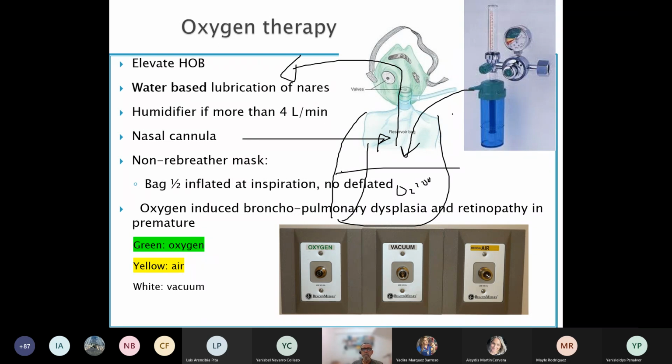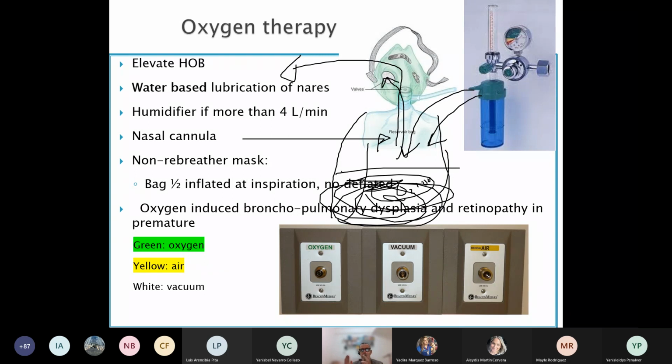But the amount of oxygen flowing into the bag should be enough to prevent the reservoir from totally collapsing, totally emptying during inspiration. So the bag should always be left half filled with oxygen when the patient breathes.